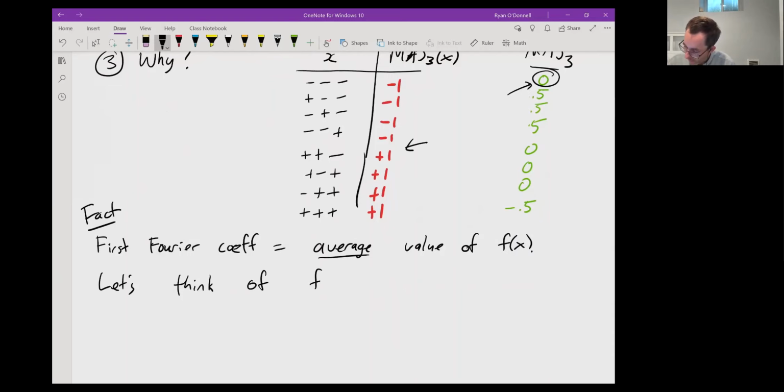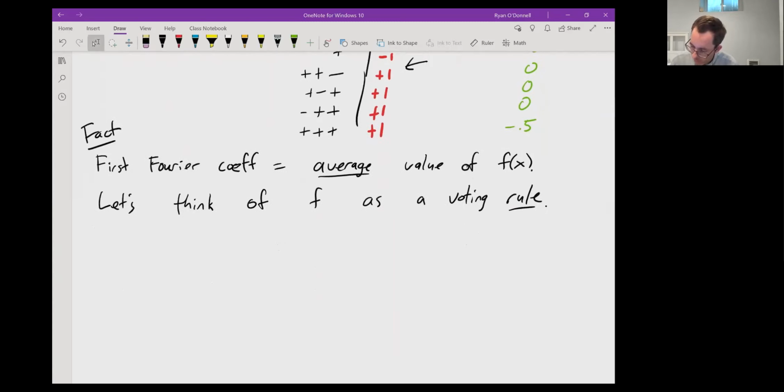So let's think of f as a voting rule, and I'll explain a little bit what I mean. It's a rule that maps the votes in an election to the winner. So the situation is that we're going to have 2 parties, the 2-party system in this voting world called minus and plus. You can associate them to your favorite parties, however you like. And you have n voters.